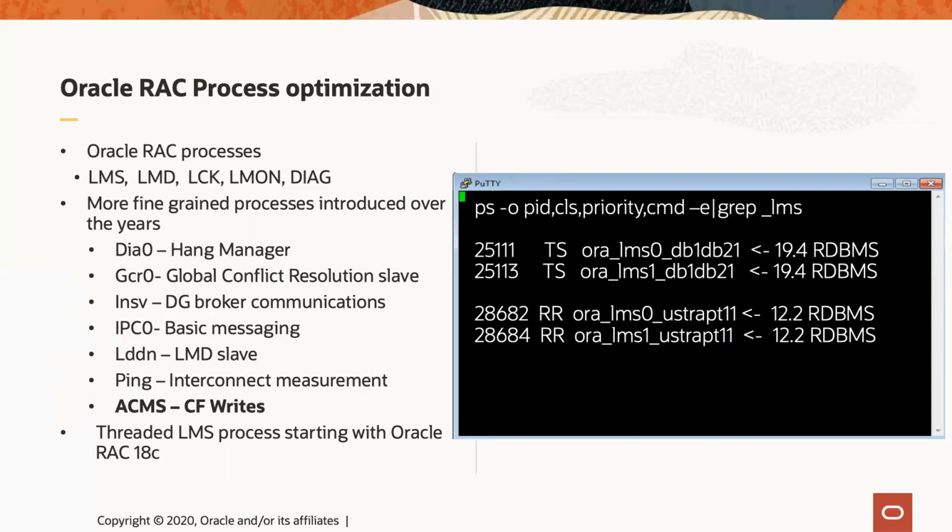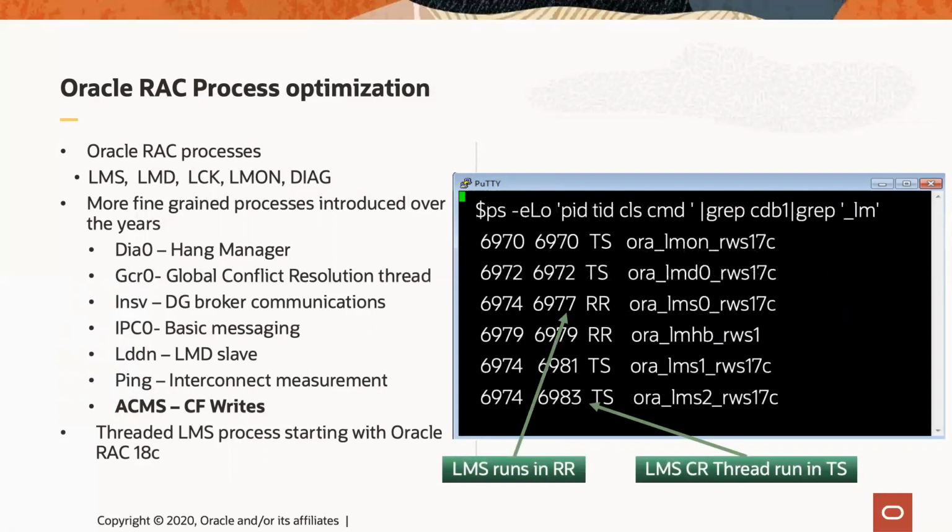If you do a ps -ef, you would see that in the 19.4 release, you have something running in TS, and in 12.2 you'd say, hey, this is real time. Anil, why did we change these LMSs? Well, actually, we didn't change the LMSs. What we have done is improved them. Now, to find out the actual details of the individual threads of LMS, you need to use the extended statistics or the ps -eLo option.